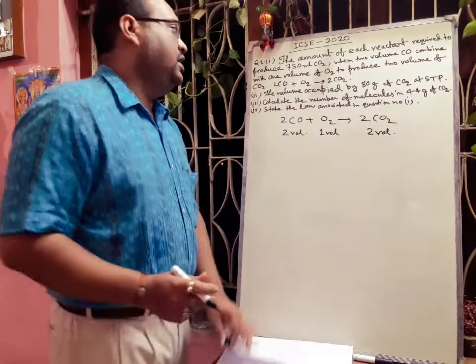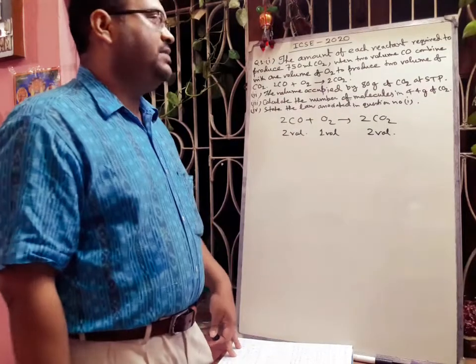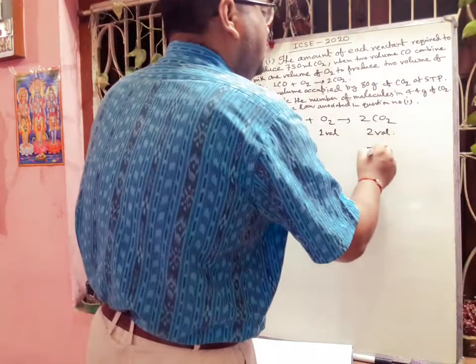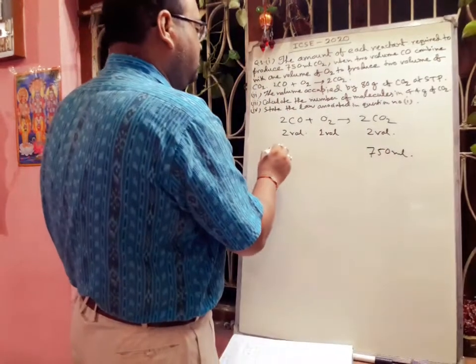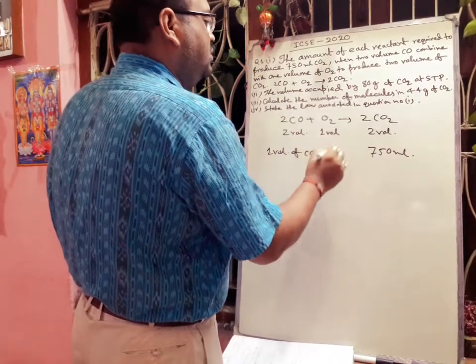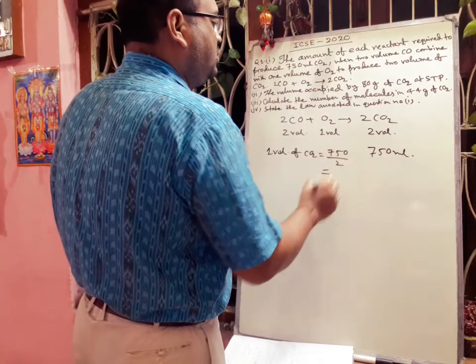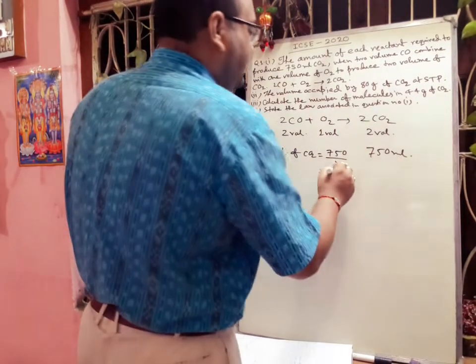Now the question is the amount of each reactant required to produce 750 ml of carbon dioxide. Here 2 volumes is equal to 750 ml. So what will 1 volume be? 1 volume of CO2 is 750 divided by 2, which is 375 ml.